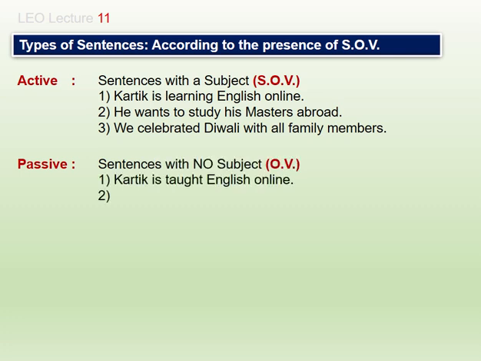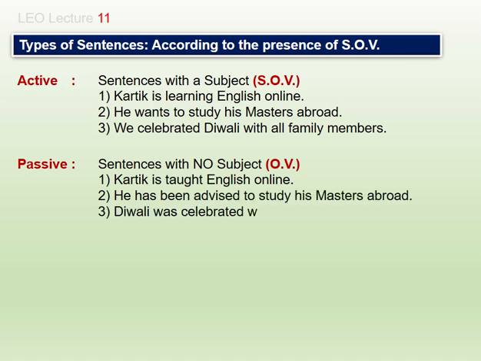Yes, there should not be a subject in these kinds of sentences. I have written in brackets that there must be only object and verb in such sentences, and we have three examples. I have kept intact those examples which were in active as well. In the first example, Karthik is there, but he is the object in this sentence. He is not the doer of an activity. Here the activity is taught.